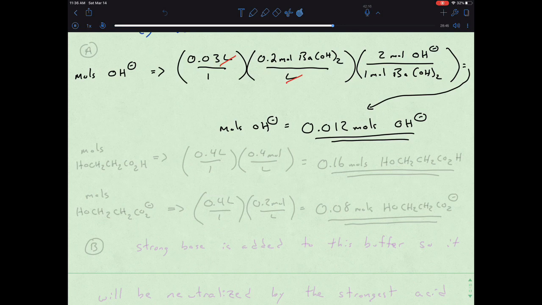So there's one mole value. We also have to figure out the other mole values too. So we also need to figure out the moles of our glycolic acid, as well as our moles of the glycolate. So for the glycolic acid, we had 400 milliliters from that question above, and the solution was 0.4 molar. So we have a value of 0.16 moles of our glycolic acid.